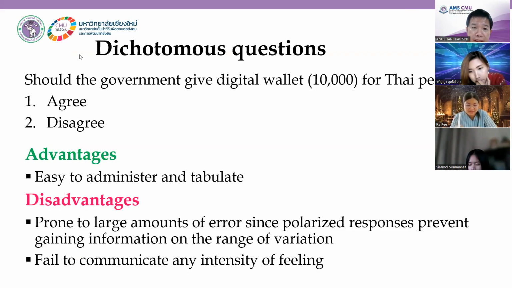Okay. The next is what we call dichotomous. It's very easy. Dichotomous is just like asking: should the Thai government give a digital wallet of 10,000 baht to Thai people? Do you agree or disagree?